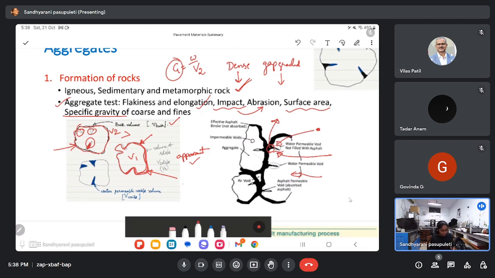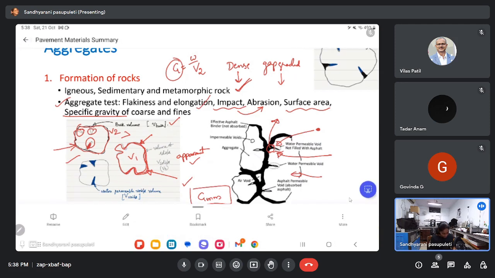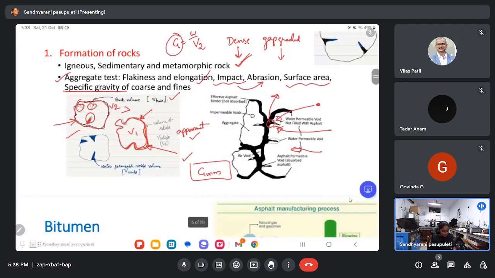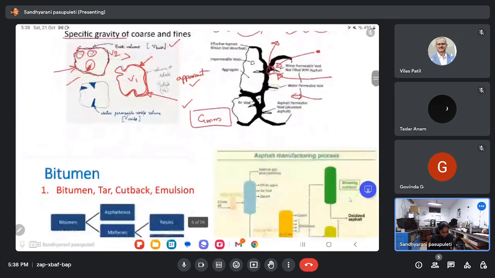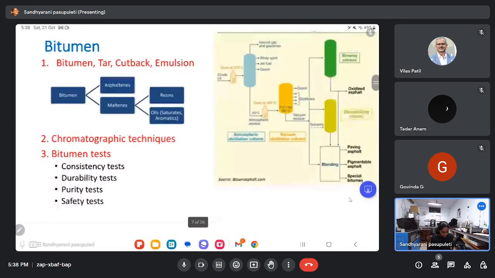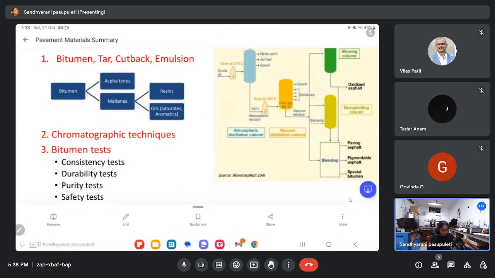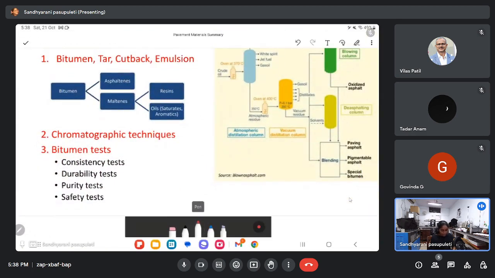But based upon the apparent and bulk specific gravity and the theoretical specific gravity GMM, we have formulas to calculate the effective specific gravity. These are the three specific gravities we usually use. Mix volumetrics mostly depend upon the bulk specific gravity, theoretical specific gravity, and effective specific gravity. That is the reason why we need to be more careful in calculating the specific gravity.